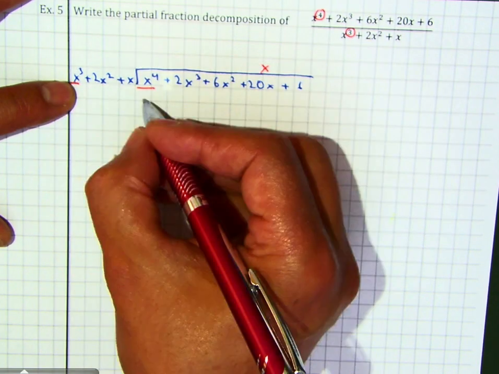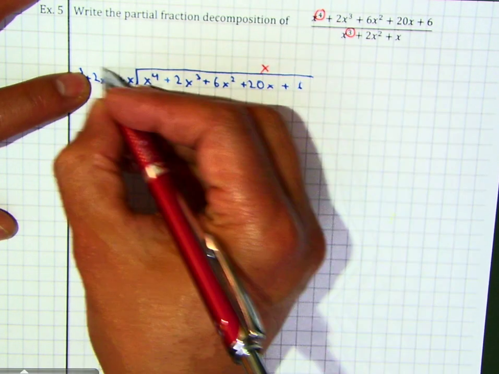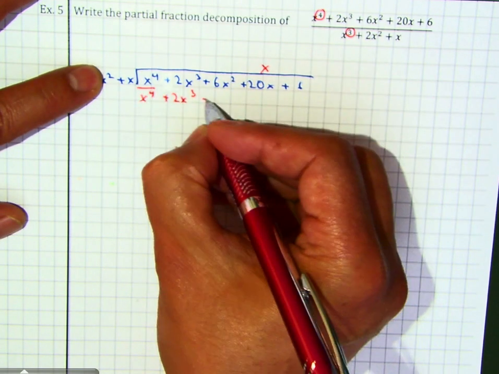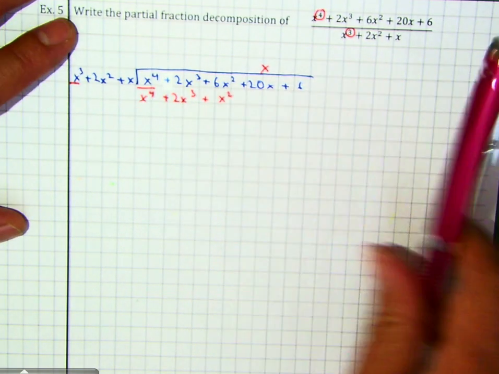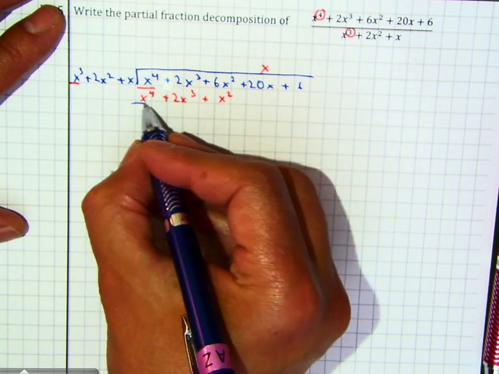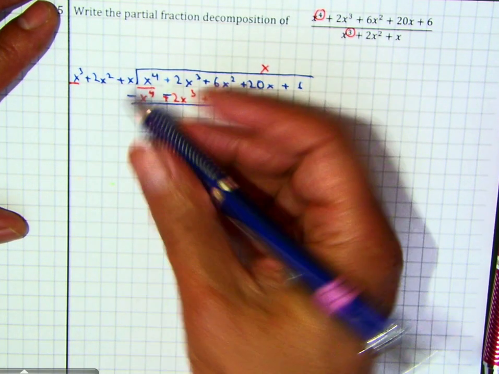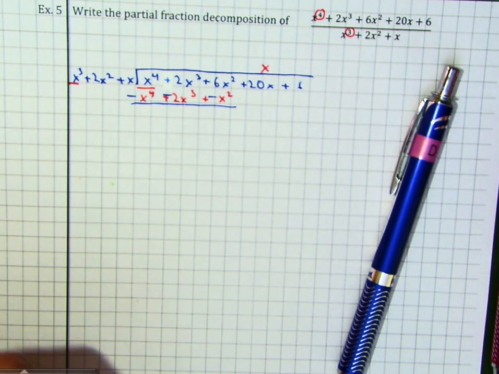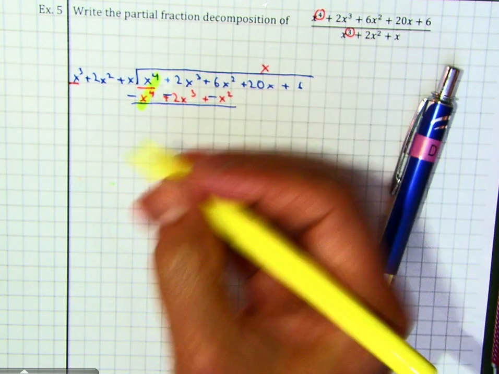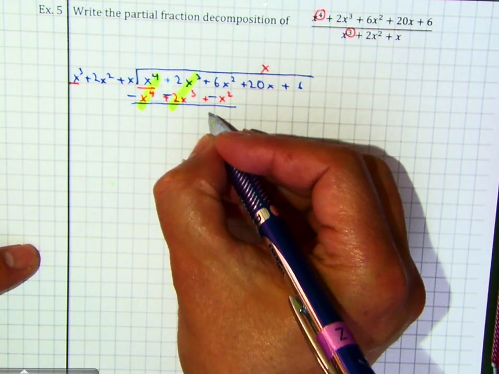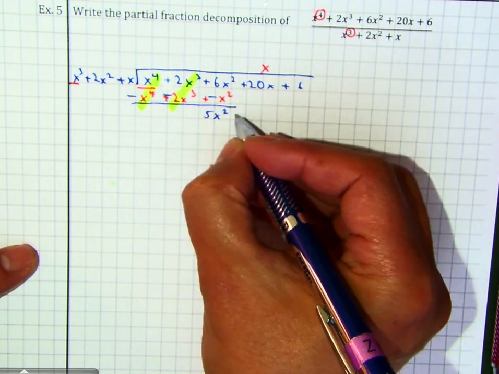X times x to the third is x to the fourth plus 2x to the third plus x squared. Then we change the signs. Opposite. So therefore, this cancels out. This cancels out as well. And now we have 5x squared. We bring down the next two terms.